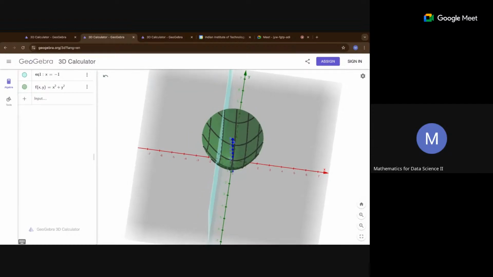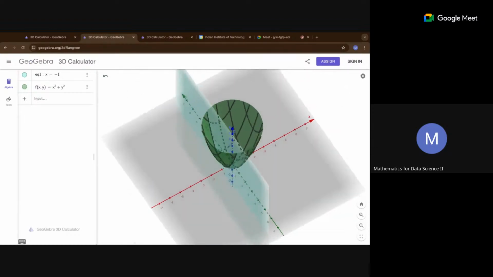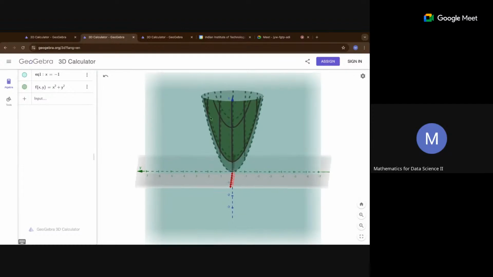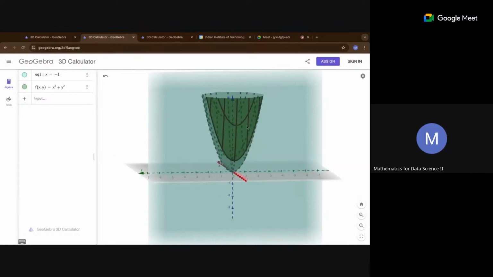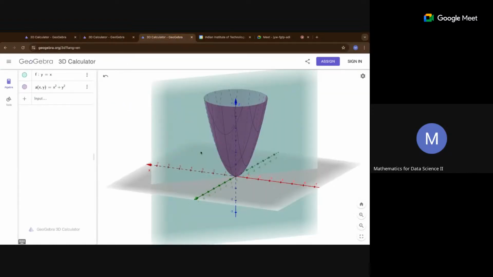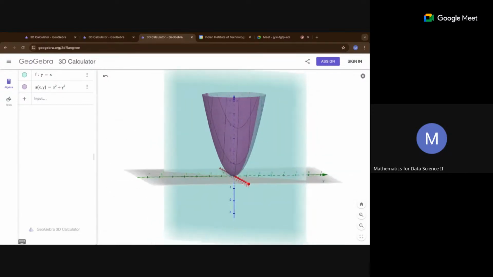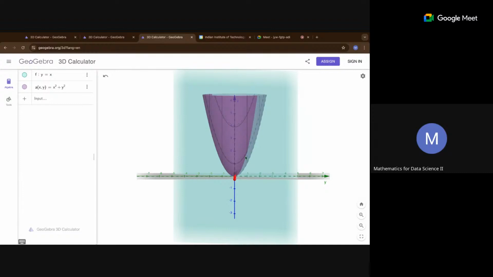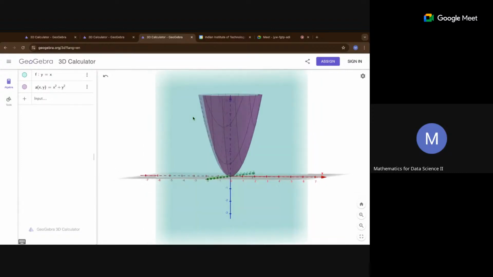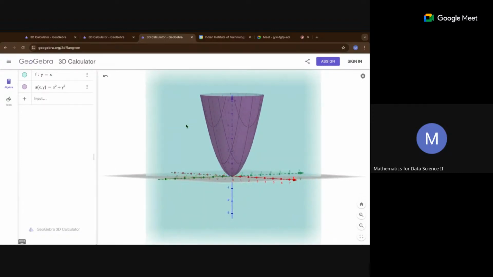If you take some fixed x value, you again see just a curve, and that curve is your intersection. If instead of one fixed x or one fixed y, you take any other line like y is equal to x, then also a similar thing happens. This boundary is your intersecting curve. So you can see what is happening here.